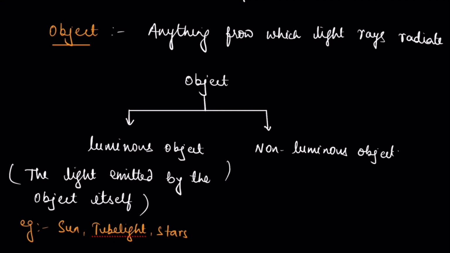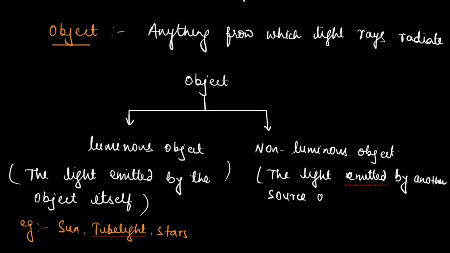But what about the non-luminous object? Non-luminous objects are those objects where the light is emitted by another source and then reflected from the object.